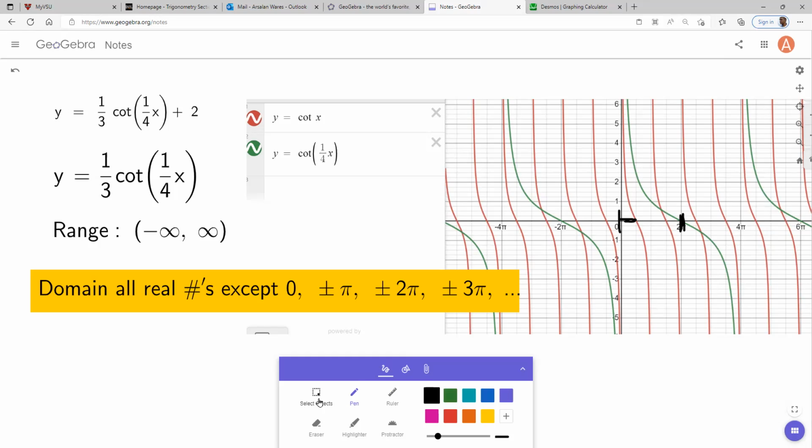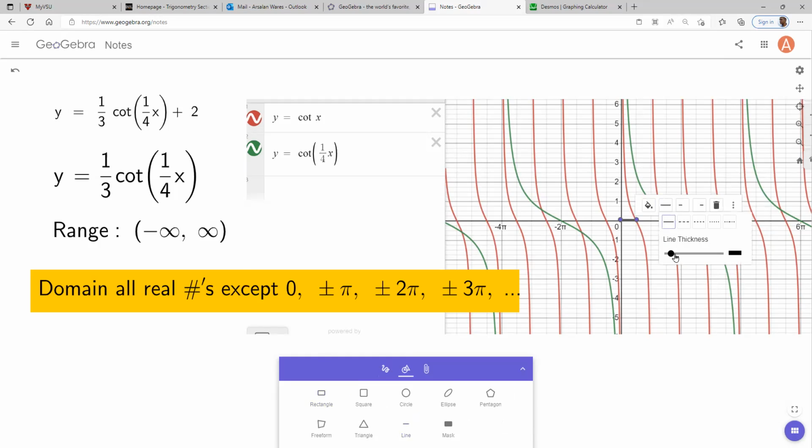Let me actually explain this to you a little better. Why? How do I know for sure this is a horizontal stretch? Take a look. This point, make it a little thicker. Goes here.